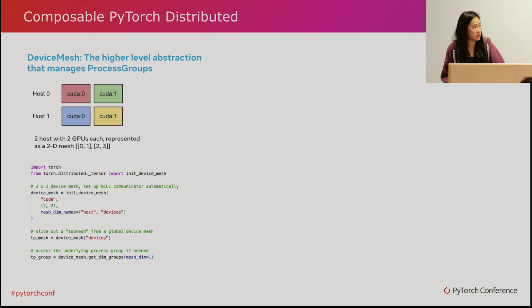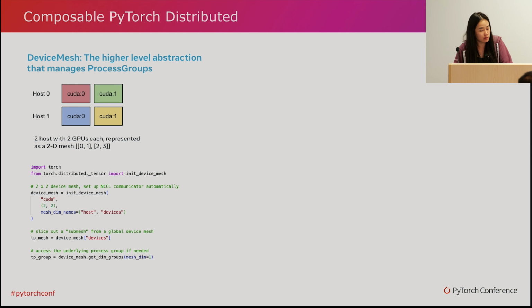We can see from the example at the bottom left, if you want to set up 2 hosts with 2 devices each, we can simply create a 2D mesh that connects devices within each host, and it also connects each device with its counterpart inside the other host in a homogeneous setup.